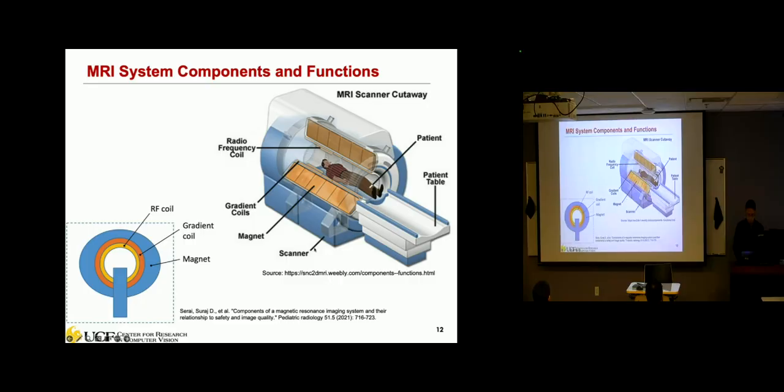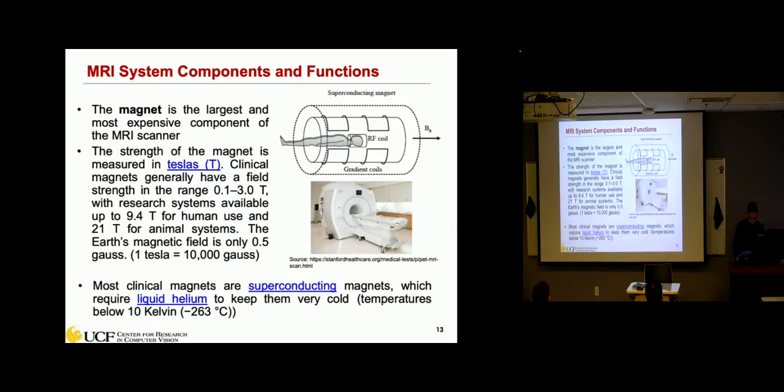We also have the scanner, which is able to pick up the energy released by the protons. The magnet is the largest and probably the most expensive component in the MRI scanner because you need these magnets to generate a strong magnetic field.